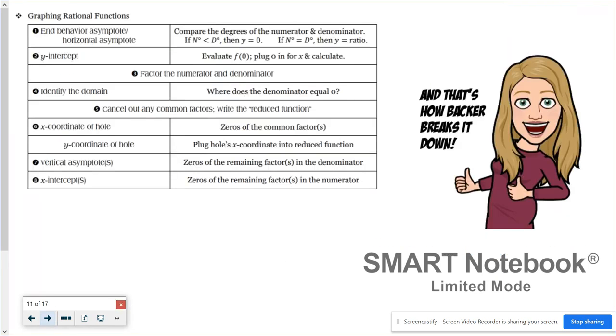But until you become fully comfortable with all of this, use this guide. Go through these 8 steps in this order, because that's the most logical way of analyzing these problems.